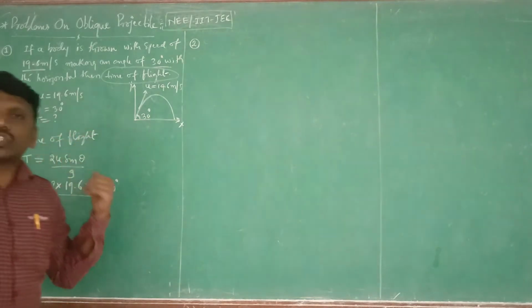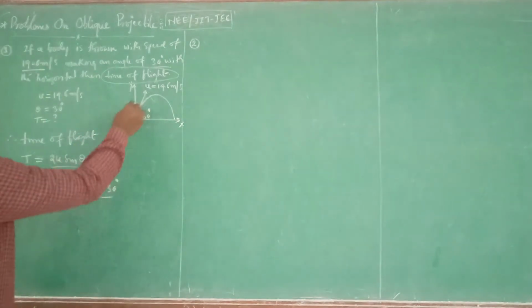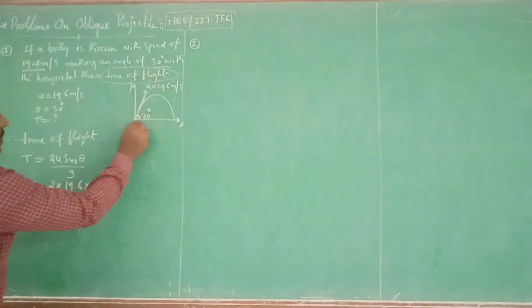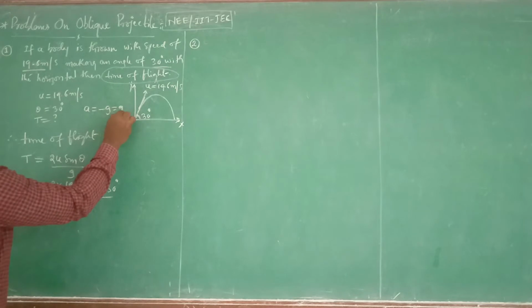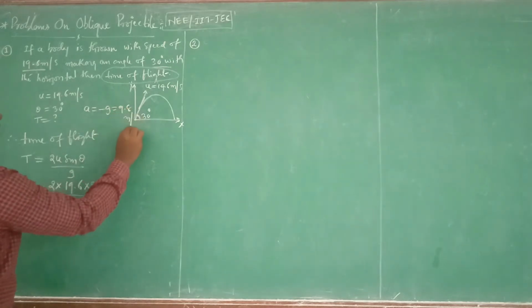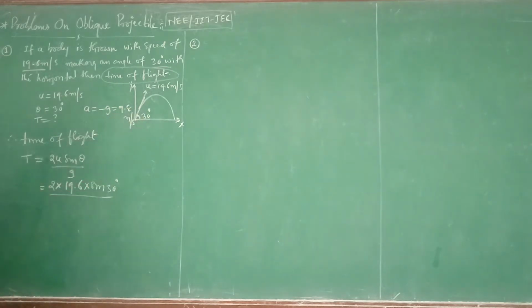Here there is no g value given, and the body is going up from the surface, so a equals minus g, that is 9.8 meter per second squared.